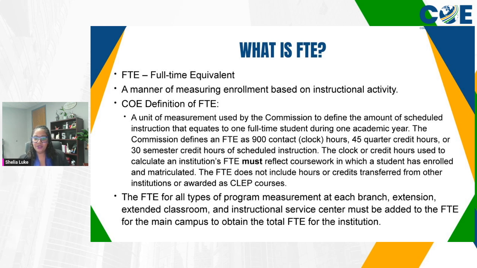The clock or credit hours used to calculate an institution's FTE must reflect coursework in which a student has enrolled and matriculated. The FTE does not include hours or credits transferred from other institutions or awarded as CLEP courses. So in order to determine the total FTE of your institution, you must combine all program measurements, whether they be in clock hours, semester hours, credit hours, or some combination of those offered at each campus to get the total FTE for your school.